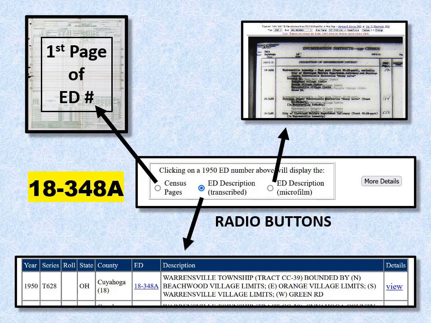We're hopeful that within a day or two after it opens on April 1st, we'll be able to take you directly to the first page of the ED that we have found for you, and then you'll have to look through each page for your address. But we also can go to the actual microfilm description and to our transcription from the radio buttons.